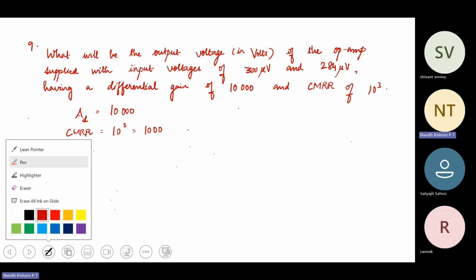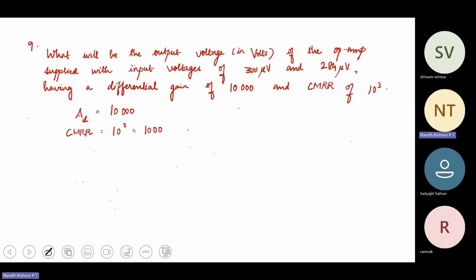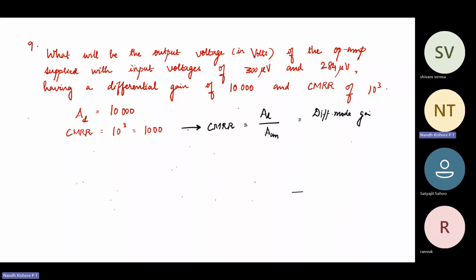By definition, CMRR is differential mode gain by common mode gain. So the higher your CMRR, the more will be the differential mode gain and the less will be the common mode gain. That's desirable always.